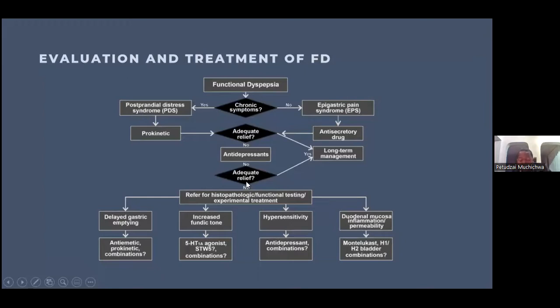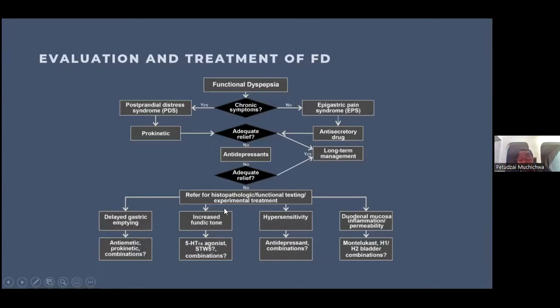If there is no relief, then we refer these patients for further evaluation and offer them maybe dual therapies and/or experimental treatment. When studies show delayed gastric emptying, we offer an antiemetic and prokinetic combination and then evaluate.